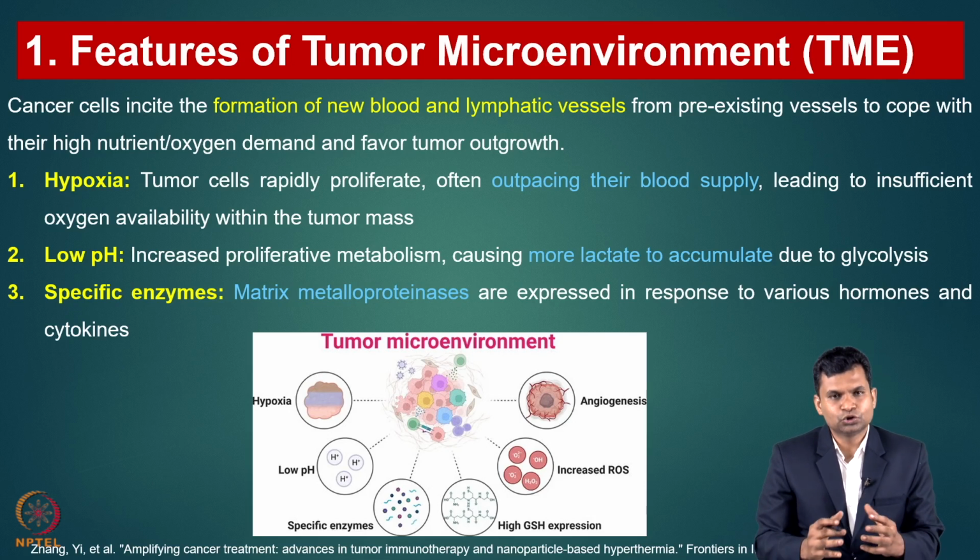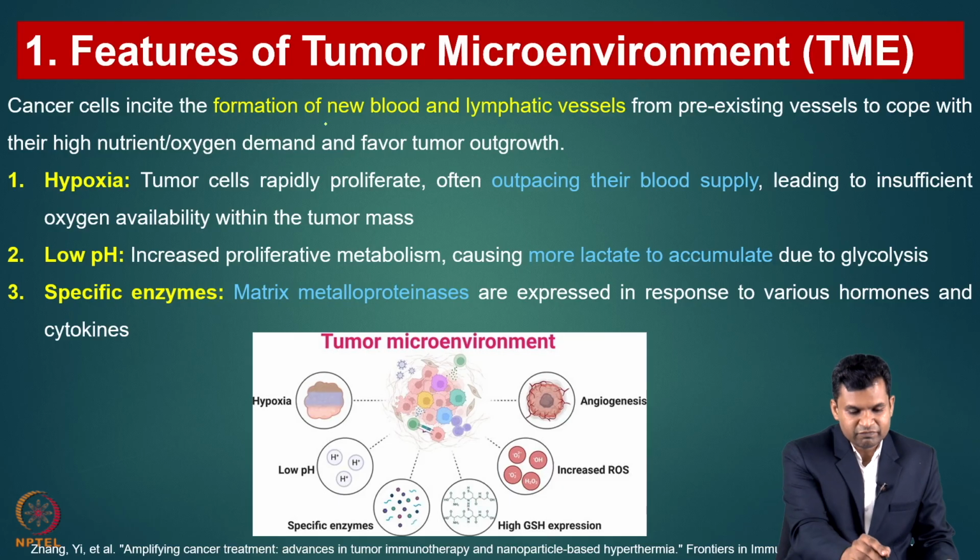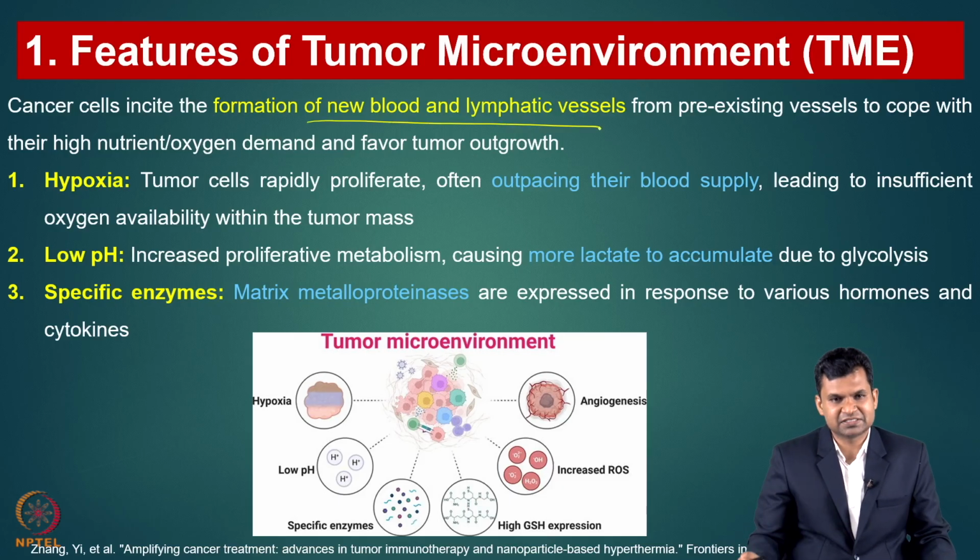To grow, to multiply, and for uncontrolled growth, cells require the formation of new blood vessels and lymphatic vessels.